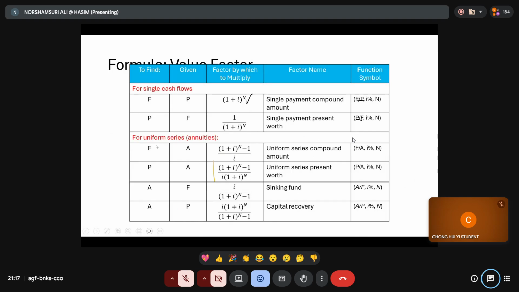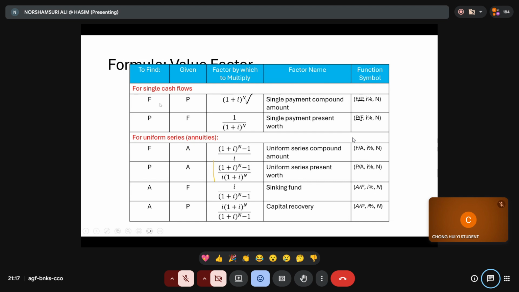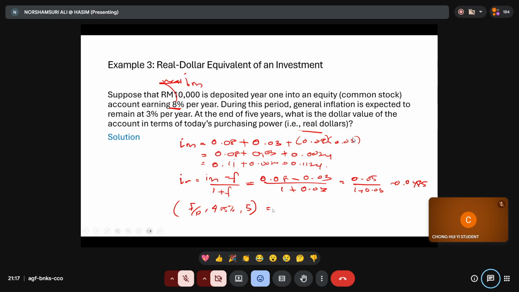So our formula is future over present. Future over present is 1 plus i. So it becomes 1 plus 0.0485 over 5, and then 10,000 is 10,000 here.